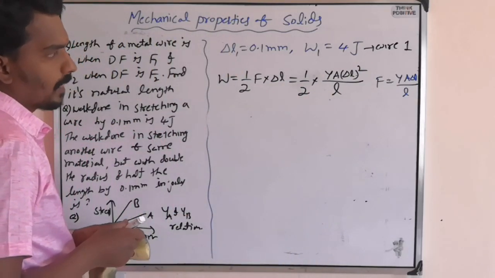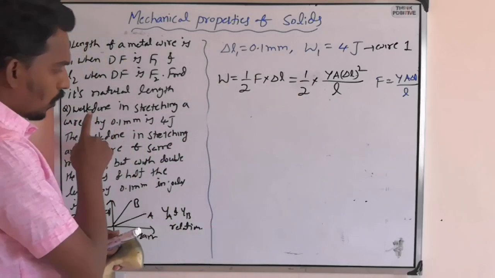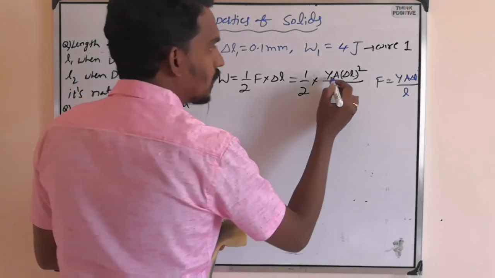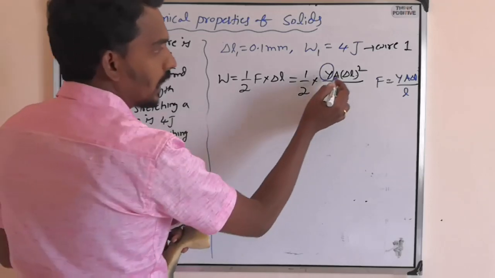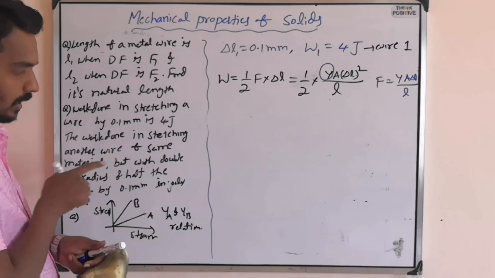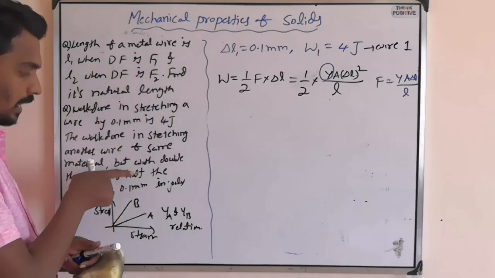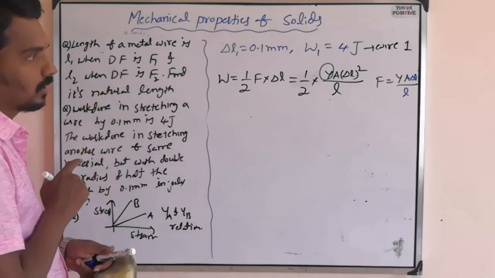Now, if you compare wire 1 and wire 2, both have the same material. Same material means Y must be the same. But the area is not the same because they say double the radius. The other wire has a radius double that of the first wire, and the length is half of the first wire.